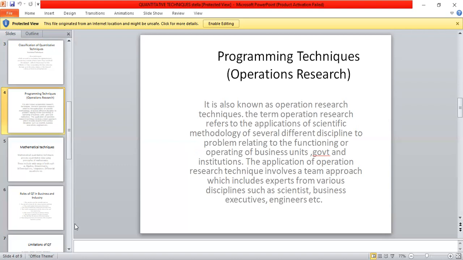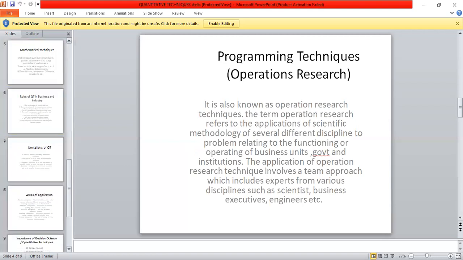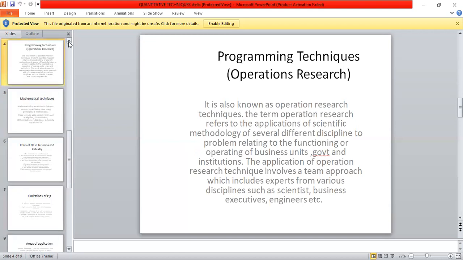Let's look at programming techniques, or also called operation research. It refers to all the applications of scientific methodology of several different disciplines to problems relating to the functioning or operating of business units, government.